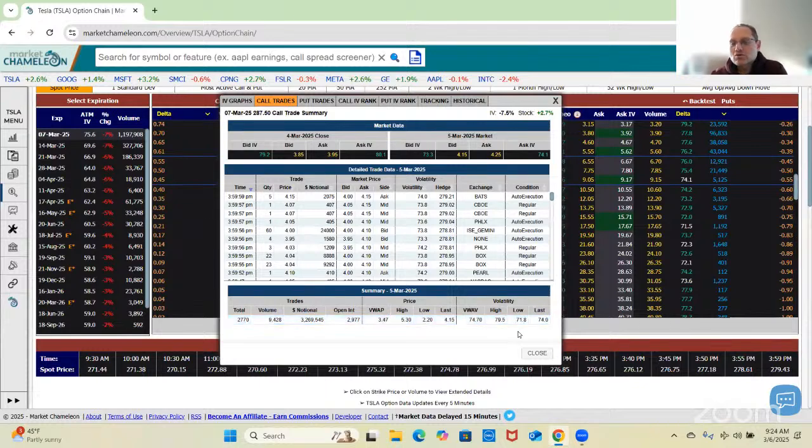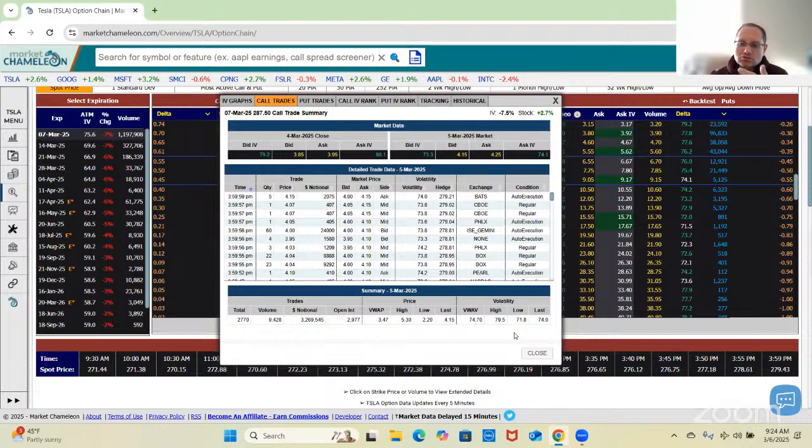Okay, so now we see the last trade versus the day's range and volume weighted average price, which shows that we're not at the low of the day, where it traded lower. We're below the average, maybe closer to the lower end than the higher end.